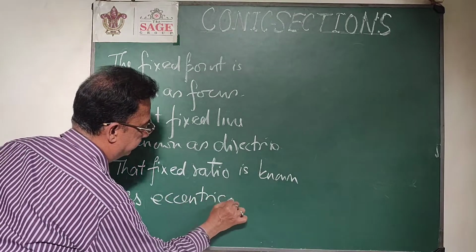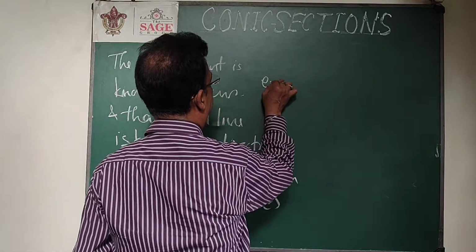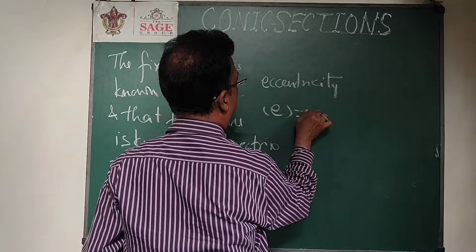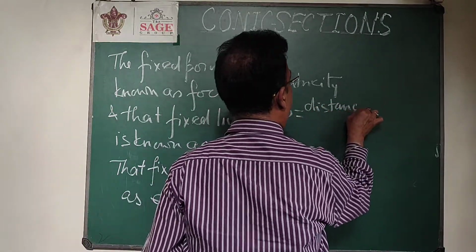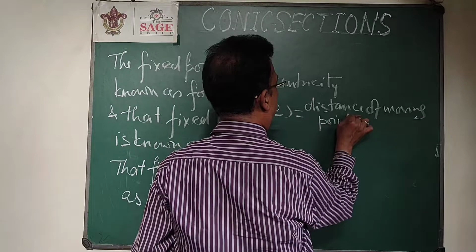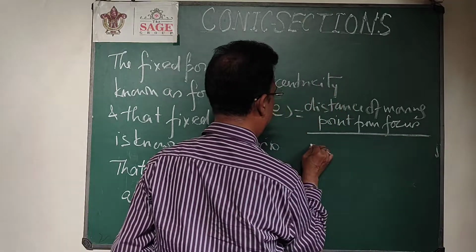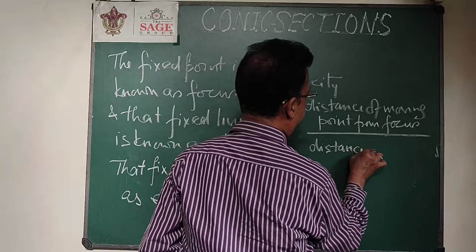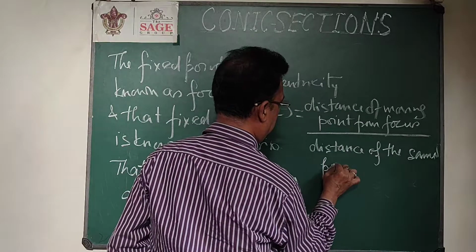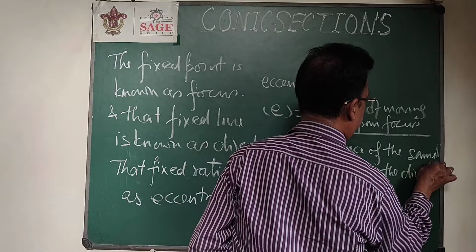denoted by small e. So the formula will be: eccentricity e equals the distance of the moving point from the focus upon the distance of the same point from the directrix.